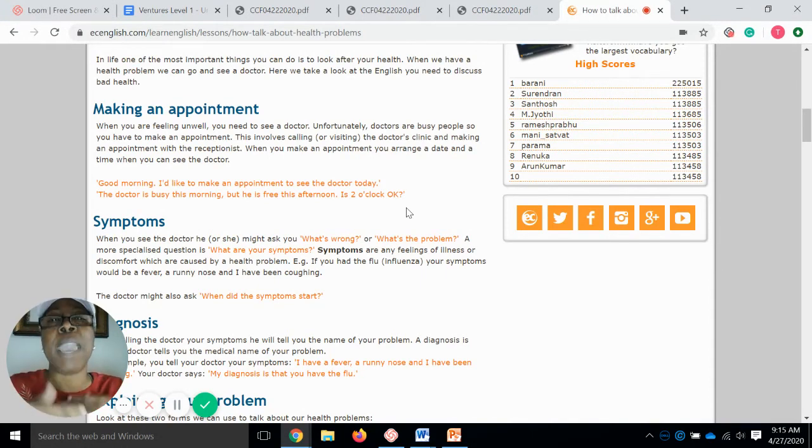So be prepared for different situations. The doctor's office might be fully booked. When it's fully booked, it means they have no extra time available, that a lot of other people are already going to the doctor's office, so they don't have any time for the doctor to see you.